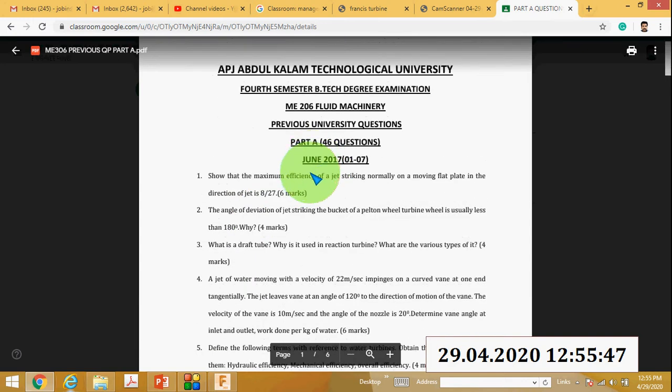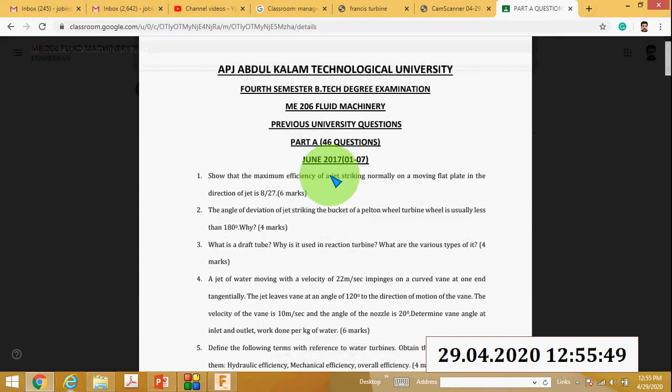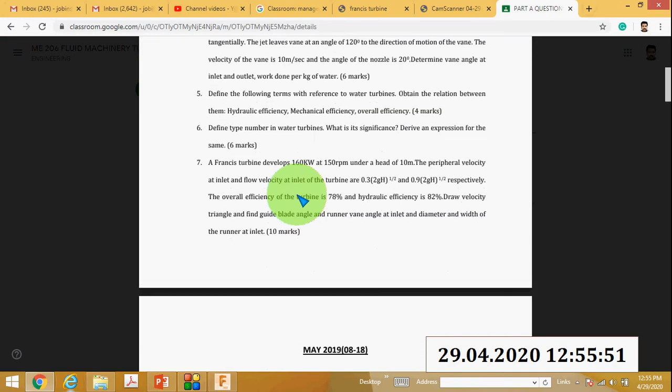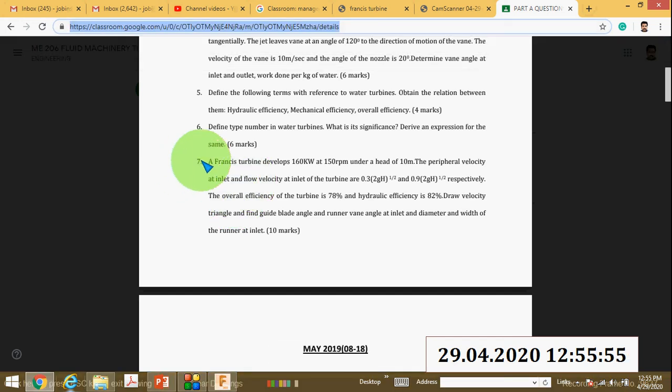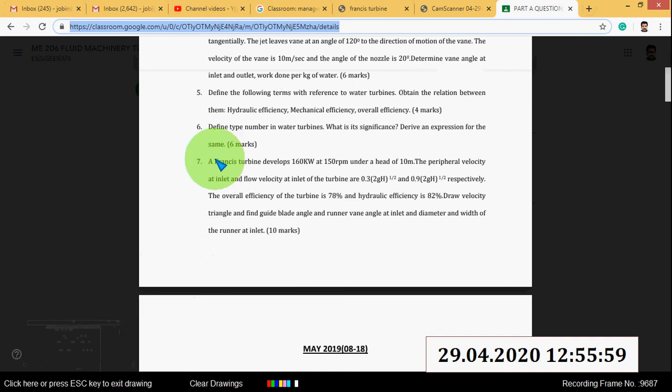So you have to solve the question from June 2017, question number 7. Here the question is, a Francis turbine develops 160 kilowatt, so this is actually the shaft power, at 150 rpm, so n is 150 rpm.